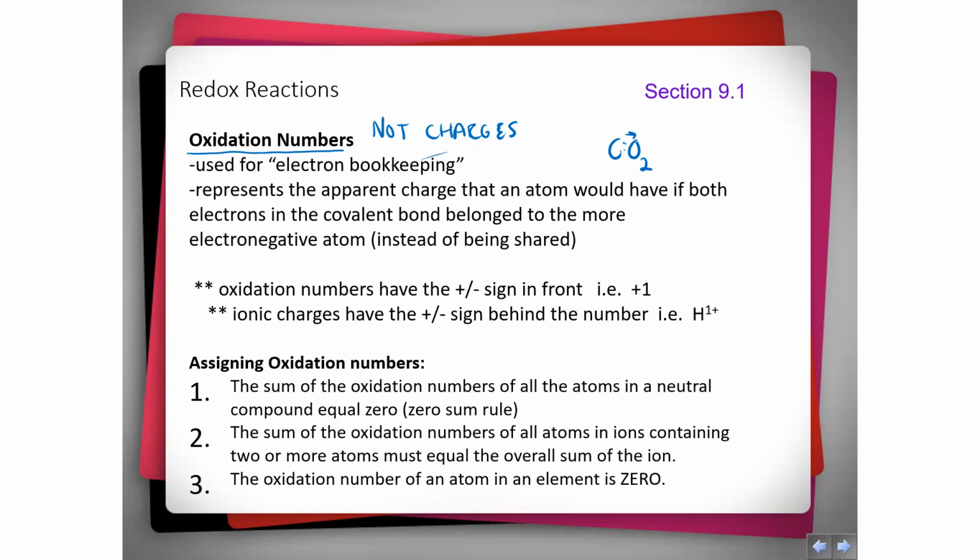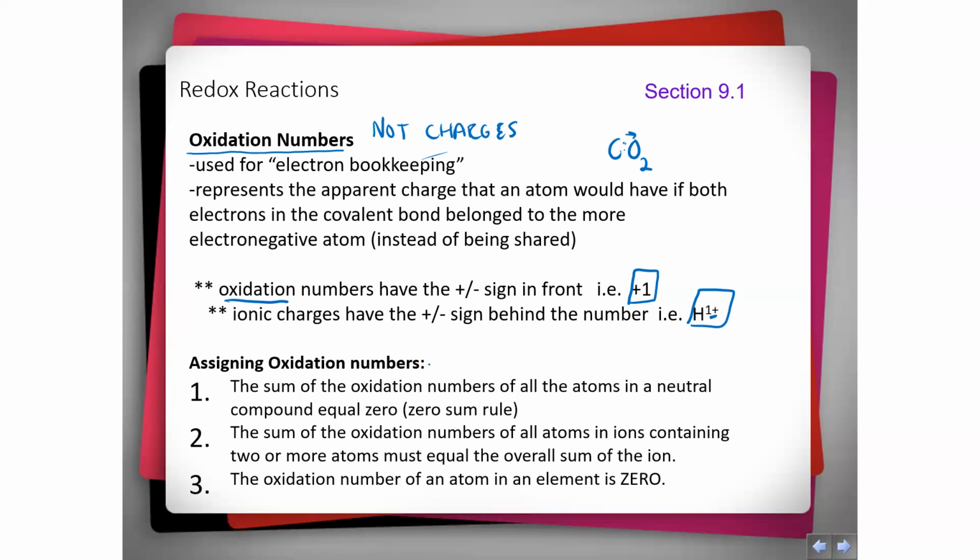So it's kind of like a partial transfer of electrons. But we can still keep track of where the electrons have gone using something called oxidation numbers. Notice that oxidation numbers are like math numbers. They have the positive and negative sign in front, whereas ionic charges have the positive and negative signs after the numeral. So oxidation numbers are like our math numbers.